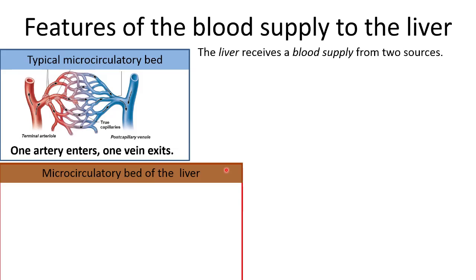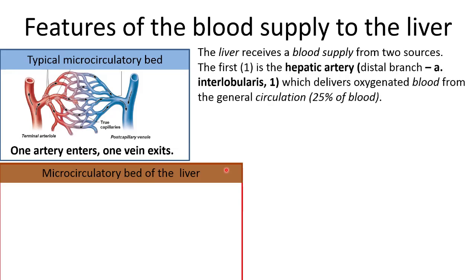So we can say that the liver receives blood supply from two sources. The liver receives blood supply from the hepatic artery. The hepatic artery then divides several times, and its most distal branch is called arteria interlobularis.